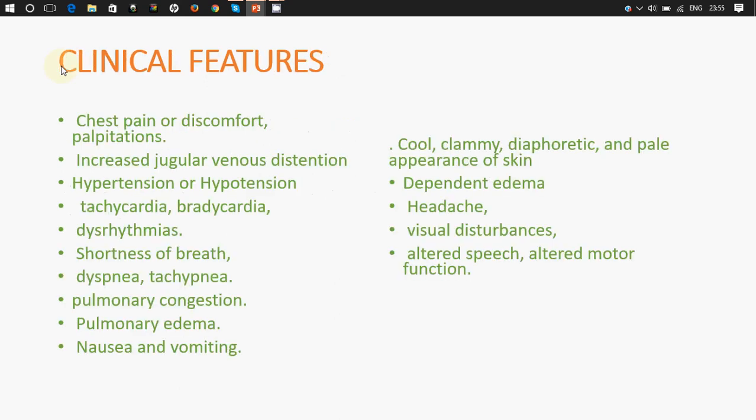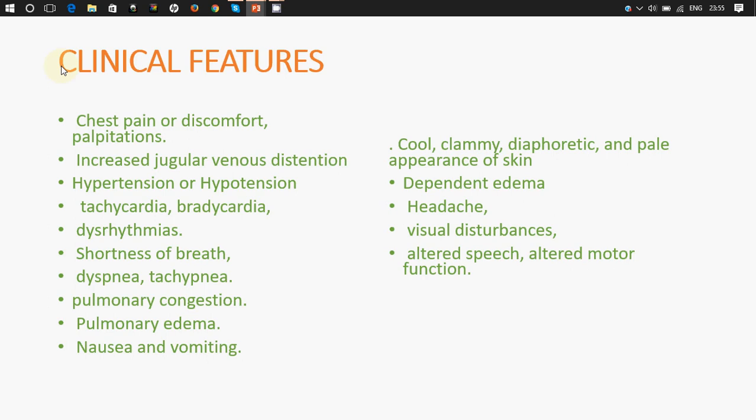Clinical features: the main clinical feature is chest pain or chest discomfort, palpitation, then increased jugular venous distension, hypertension or hypotension. Hypertension or hypotension depends upon the sympathetic stimulation, so sometimes hypertension, sometimes hypotension.